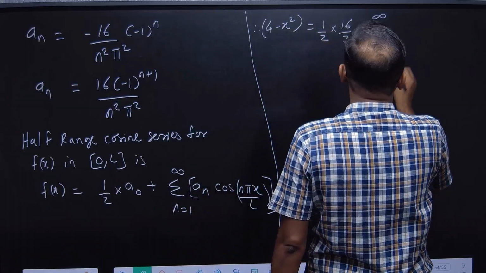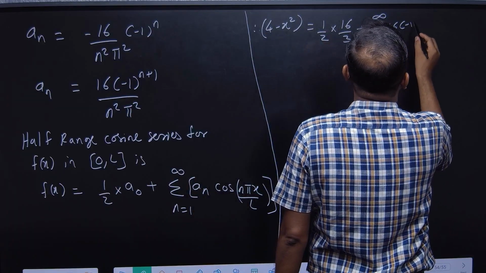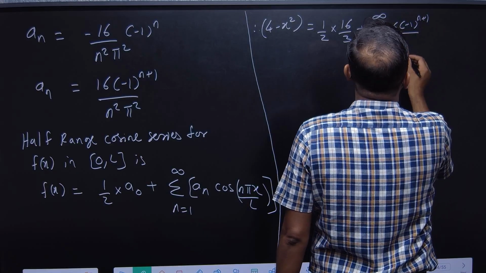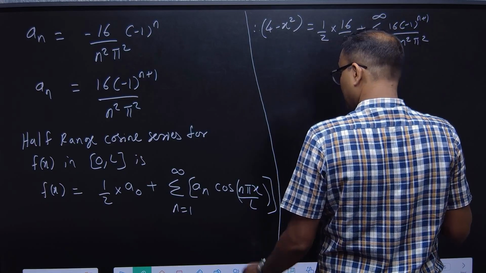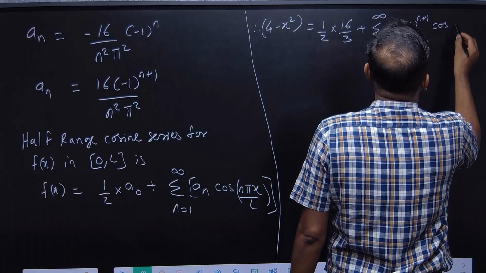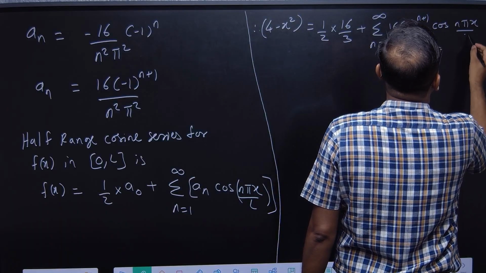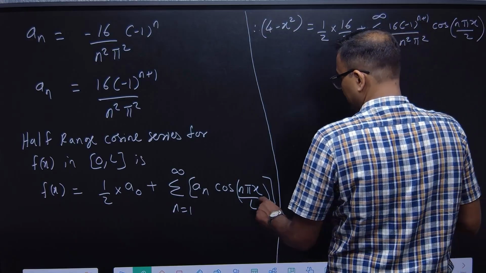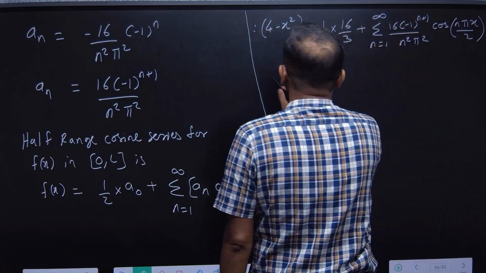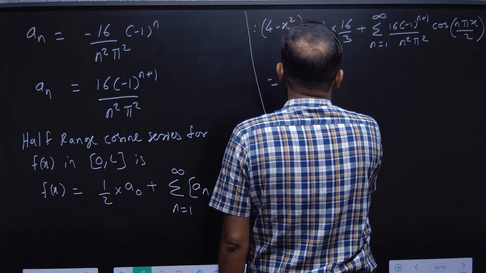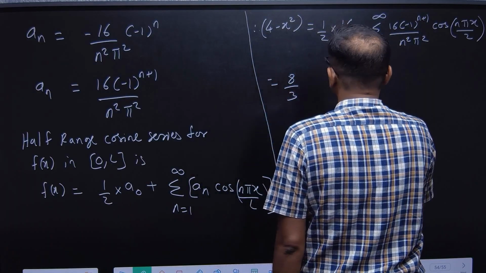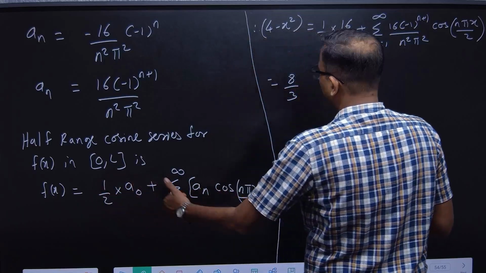The value of a_n we have found out is 16 into minus 1 raised to n plus 1 upon n square pi square into cos of n pi x upon, in place of L we'll put 2. In this question we know L is 2. This a0 by 2 you can write as half into a0, so this becomes 8 by 3.